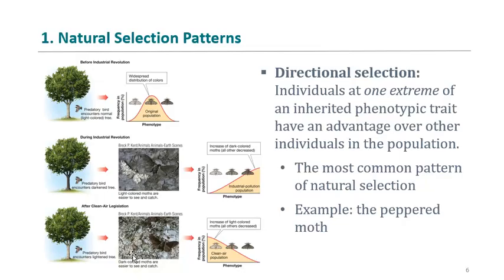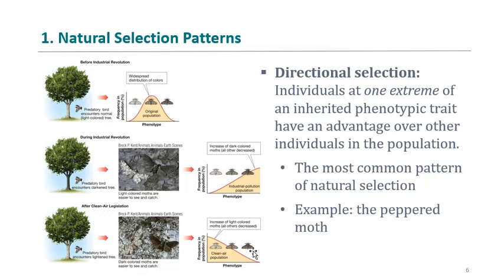The lighter colored moths survived, they reproduce, they pass on that lighter color pigmentation to the next generation. Darker ones do not survive as much, and therefore we don't see them as much. Their alleles are declining. So now in our graph, we see an increase in the light colored moths and a decline in the darker colored moths.